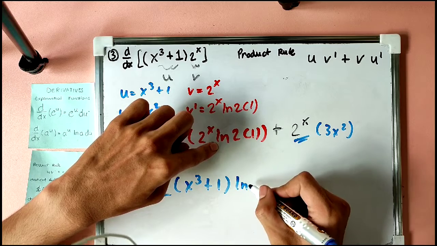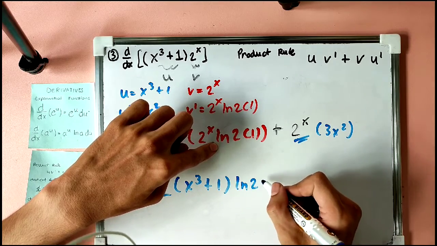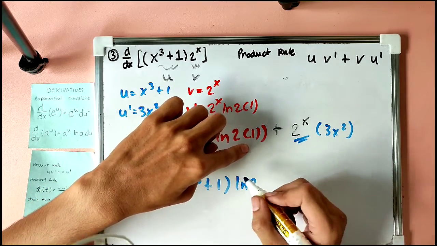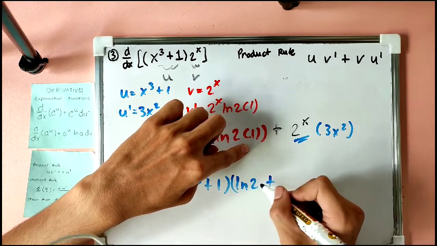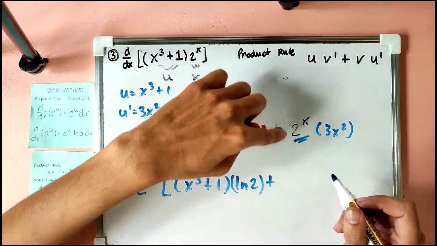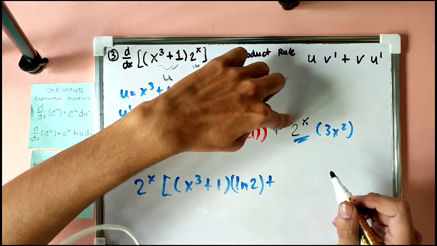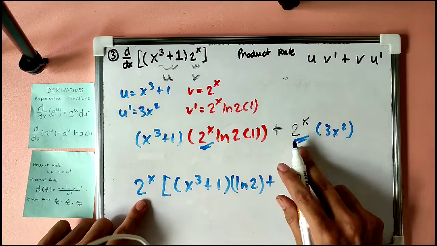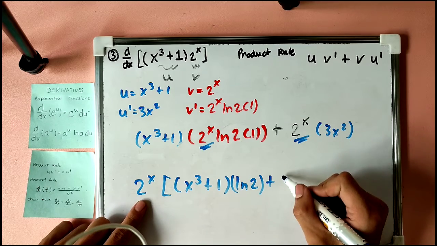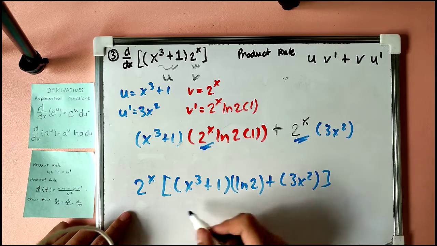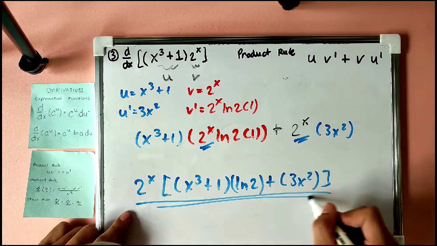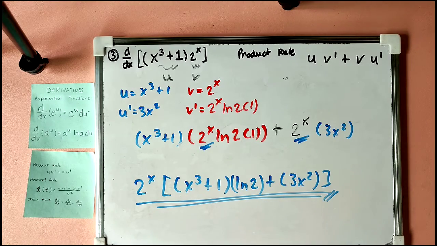Times ln 2, hindi na natin isulat yung 1 plus again na-factor out natin tong 2 raised to x, kaya nasa labas na siya, hindi na natin siya isusulat. Then we just copy the 3x squared. Then that is our final answer.